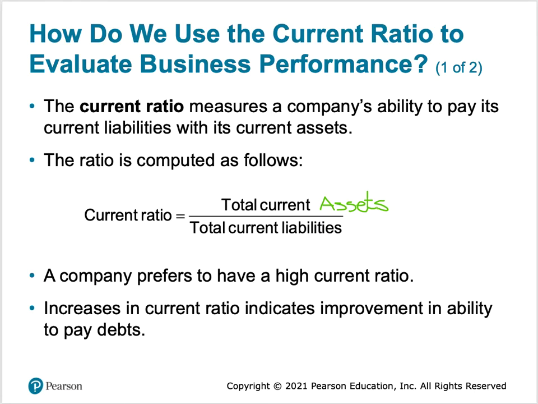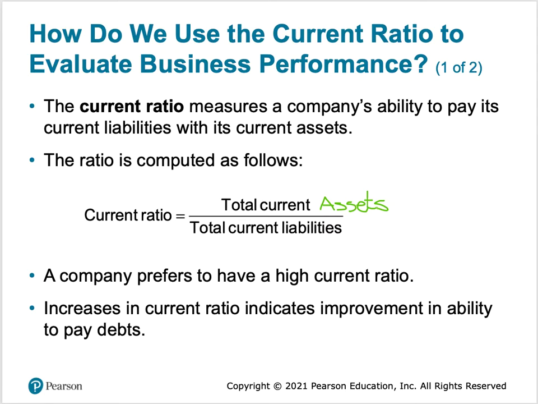And then also, just to explain this ratio a little bit better, if the ratio was 1.5, what that means is that the business has $1.50 of current assets for every $1 of current liabilities.